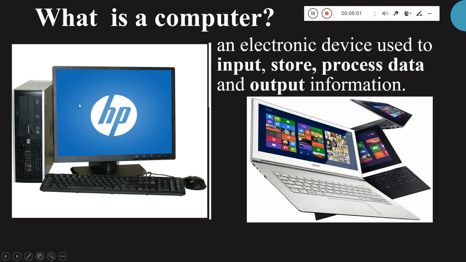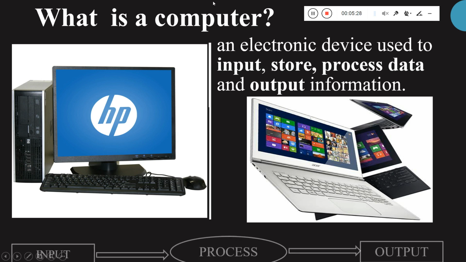So the desktop on my left here is a computer, and you can define it using this definition. Just like the laptop on the right side is also a computer. Of course, there are more terminologies you can use to define a computer, but I've picked this because it summarizes the whole definition. All right, let's make progress.